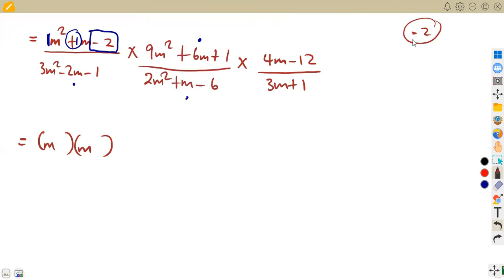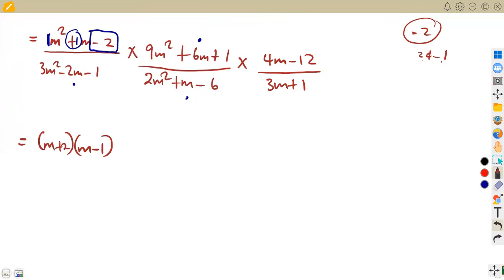Factors of -2: -1 and 2. So it's 2 and -1. If you multiply this, we get -2. If we add, we get a +1. So it's +2 and -1, or -1 and +2, which is fine.